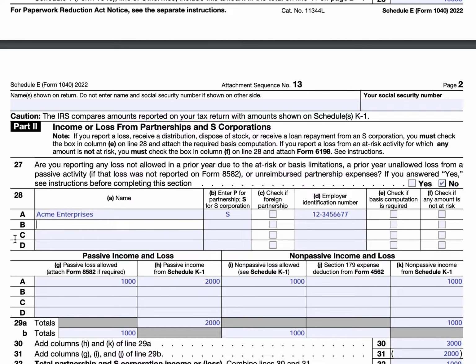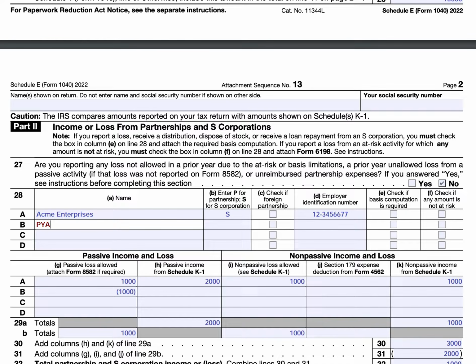If you had prior year unallowed losses from a passive activity that were not reported on Form 8582, you would do the same thing. You would report everything in column G. Actually, these would be parentheses numbers, and then you would put PYA.